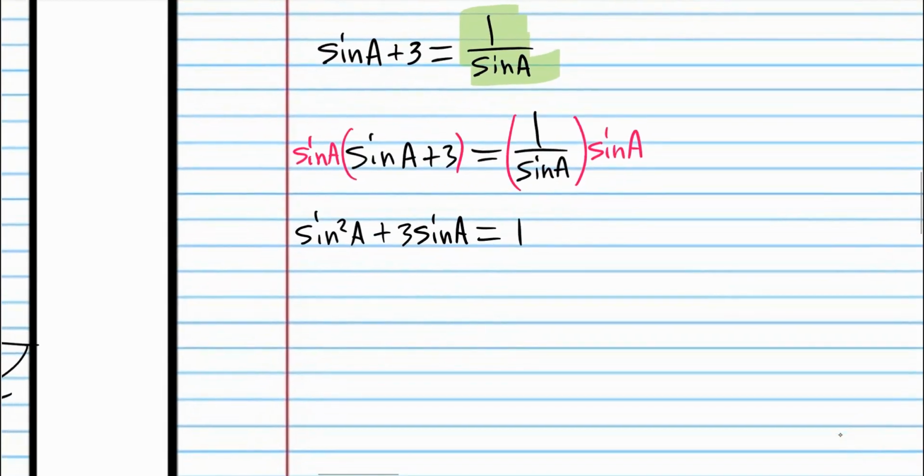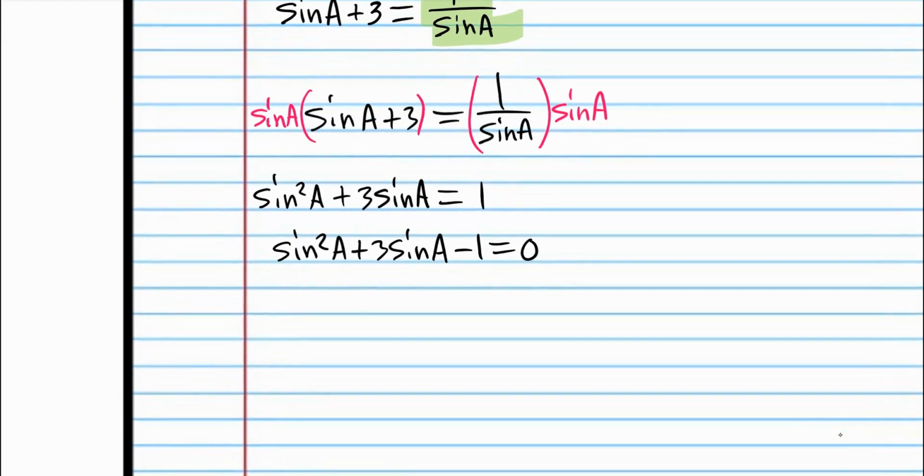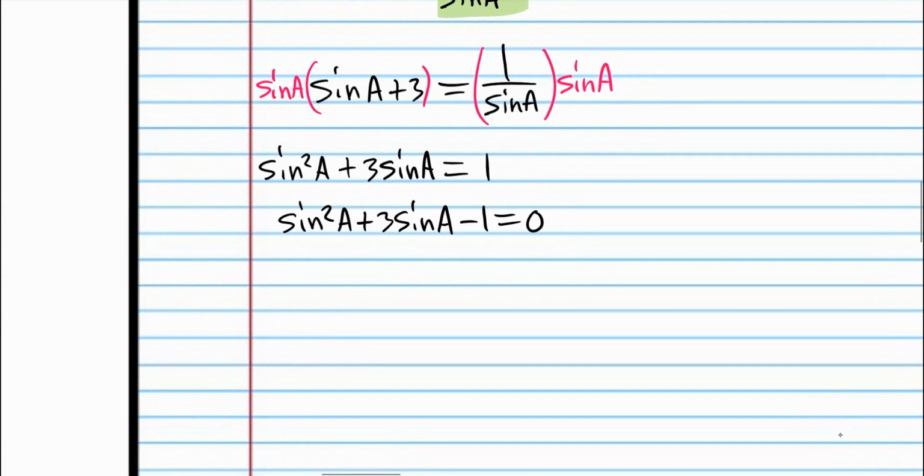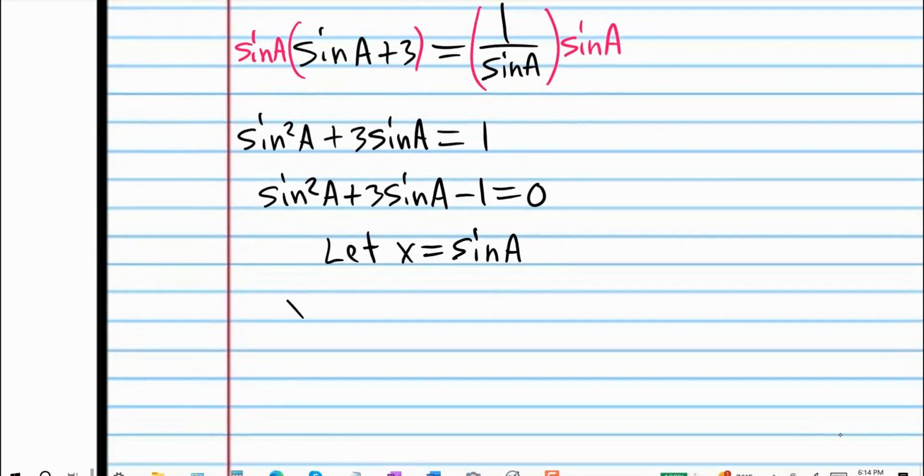So now we see that this equation resembles a quadratic equation. So we're going to put everything on one side of the equation, because we can't solve this unless it's in standard form. And then I'm going to let x be sine A, and we have x squared plus 3x minus 1.